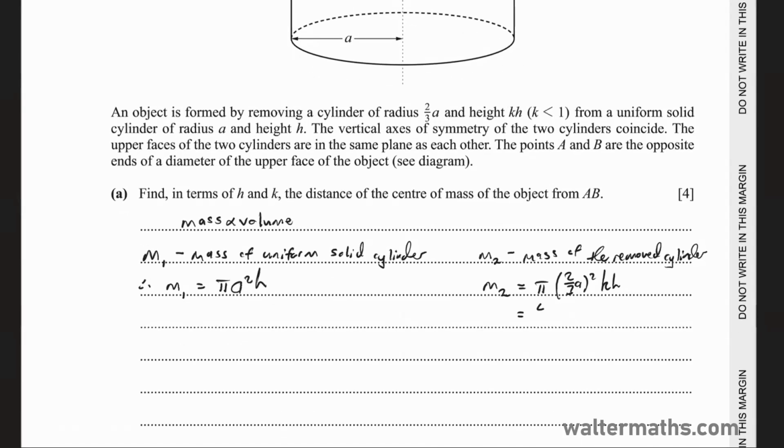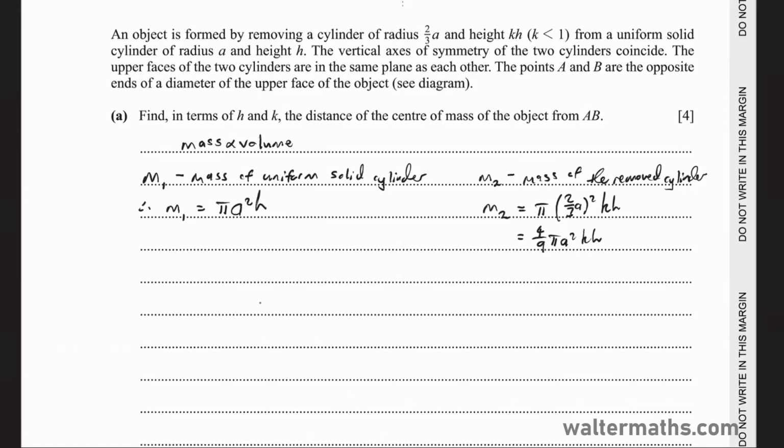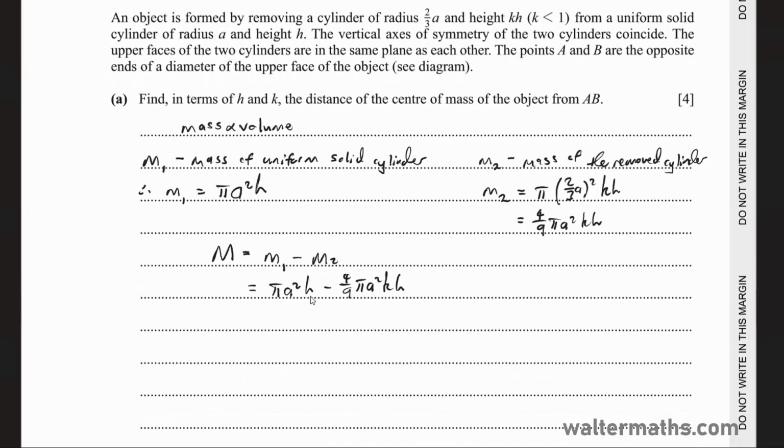So this can be simplified to 4/9 of pi a squared kh. Now, big M is the combined mass. It is going to be M1 minus the removed mass, which is M2. So it's pi a squared h minus 4/9 pi a squared kh. So that's basically what M is.